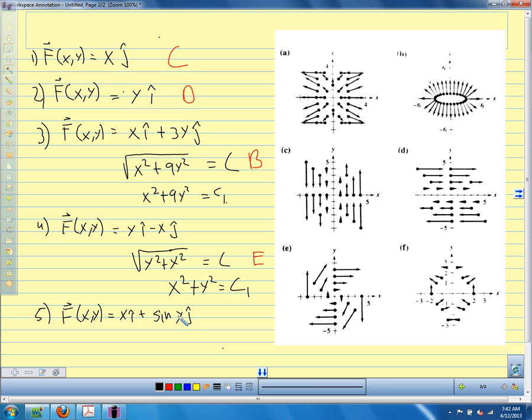The other thing you could look at is that the magnitude in the y direction only varies between positive and negative 1. And that's what's happening here for the y component. So we already know that is A. So the only one left is F.